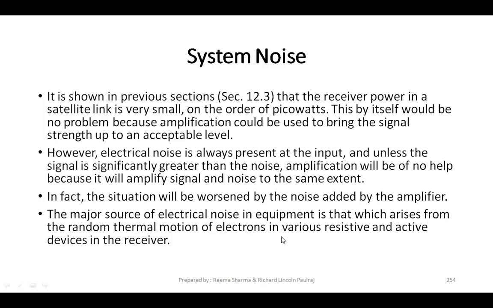So in case this happens, then what is going to happen? Resistive and active devices in the receiver. Which means we are monitoring electrons in various resistive and active devices. So they're looking at the resistances and at the active devices in the receiver.